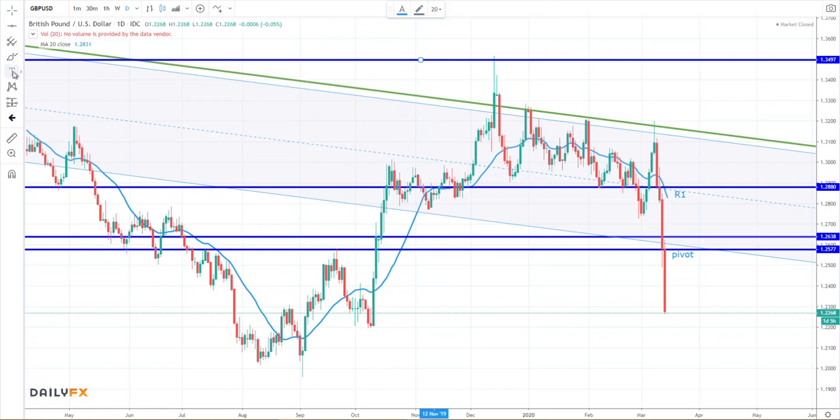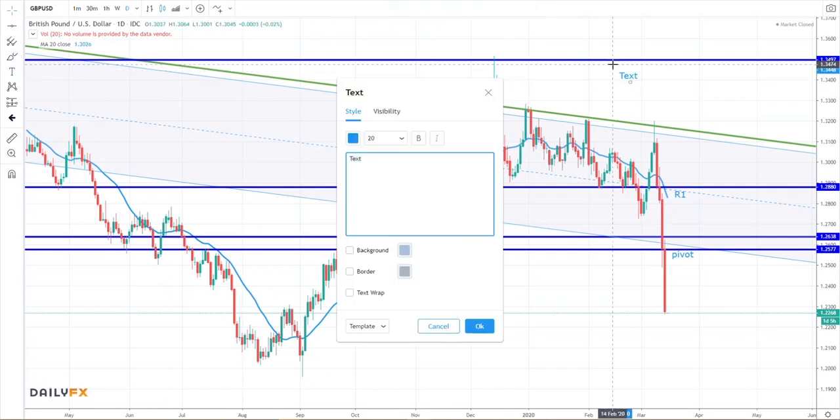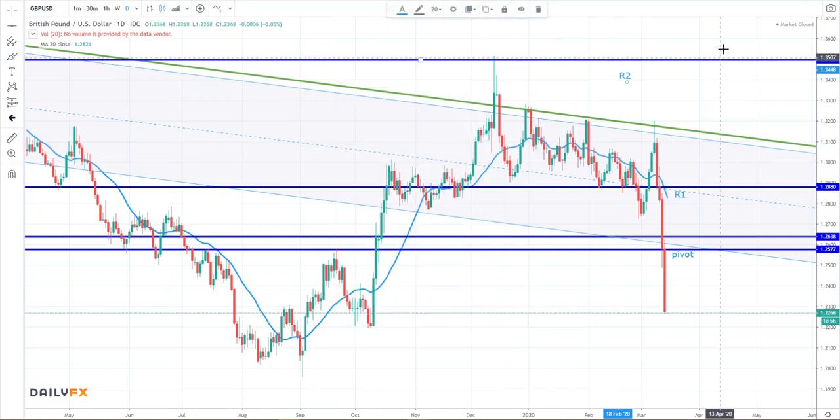We really wouldn't worry about that until we saw price crashing through R1. If price were to close above that, then we'd turn our attention to R2. But for now, price is well below the pivot and R1, meaning it's higher probability that price will stay below this price action zone, 1.2577 to 1.2638.